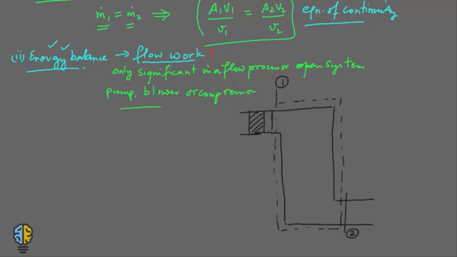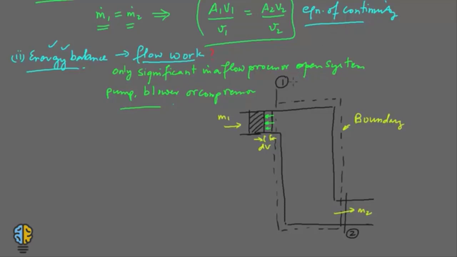Let me draw something over here in a different color. You would have arrows pointing in this direction. This is a small volume that we talk about, dV, and you have some mass entering over here, that is m1, and some mass coming out of section 2, which is m2, and this is the boundary of this open system.